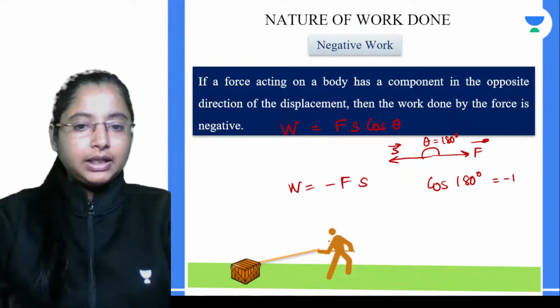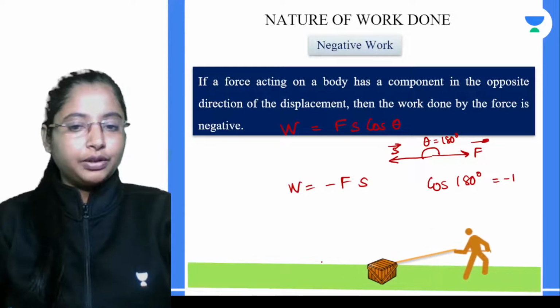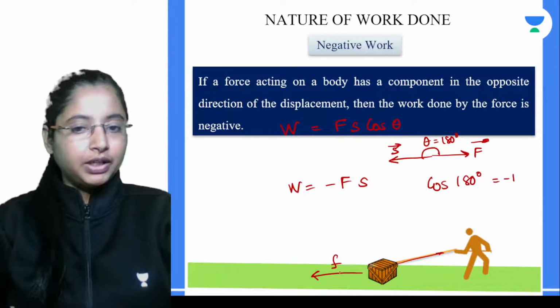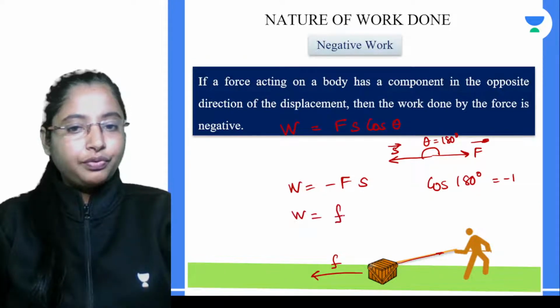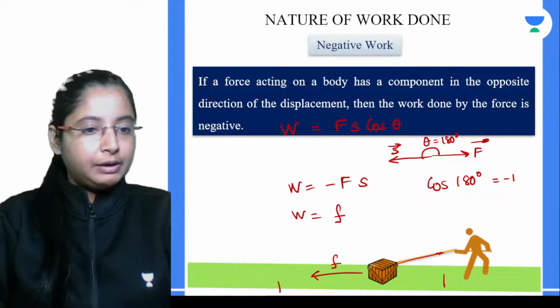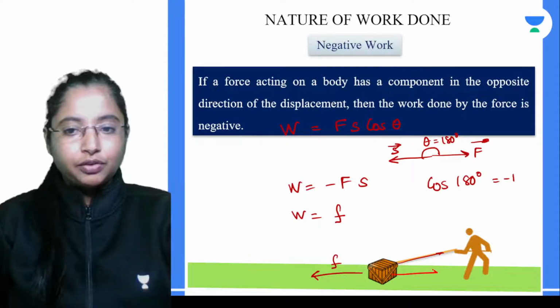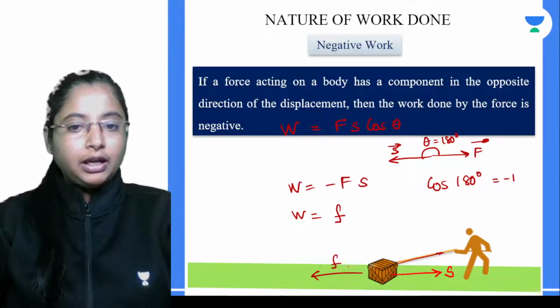Let's see this person pulling this cart. As he pulls the cart, a frictional force is developed in the opposite direction. Force is applied in this direction, but the frictional force acts in the opposite direction. Now, look at the work done by the frictional force. It is the force of friction times displacement. The object's displacement is along this direction, and the force and displacement vectors are opposite to each other.